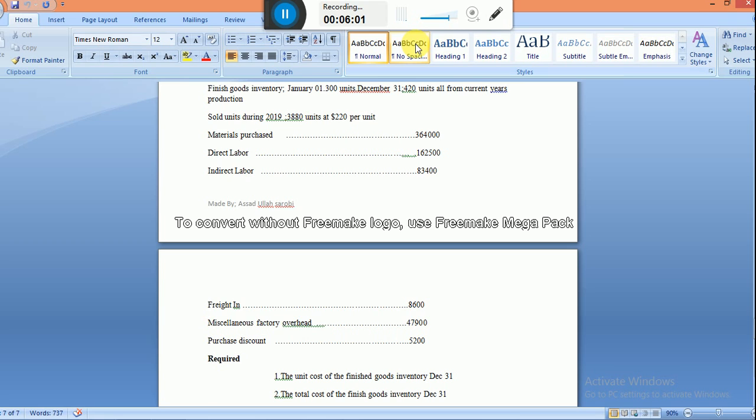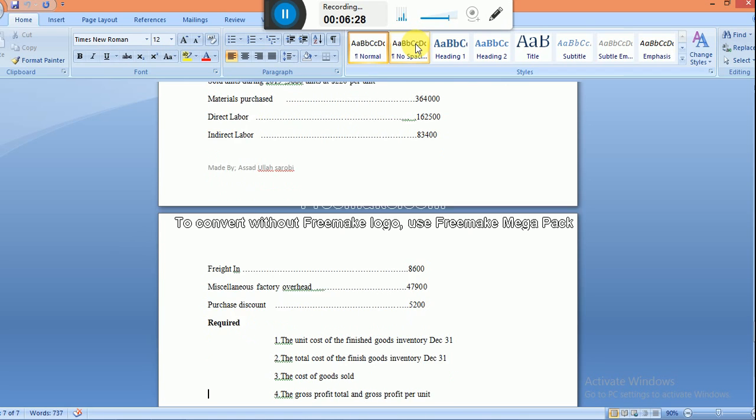That taxi fare is called freight in or freight charges. Okay, miscellaneous factory overhead 47,900. Purchase discount means material is purchased and on this purchase a discount is received. So that is 5,200. This was our total question.